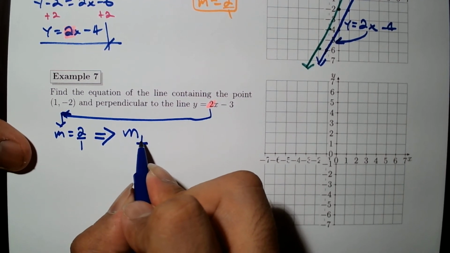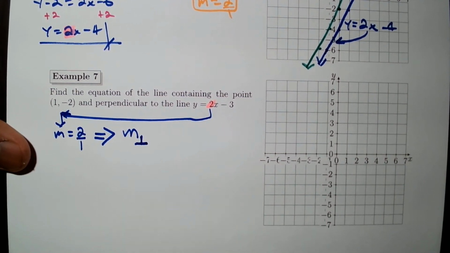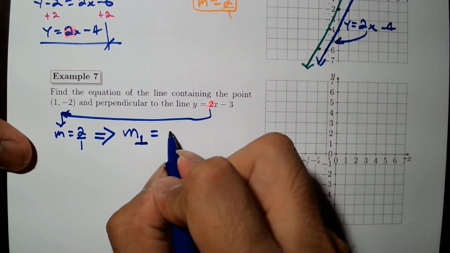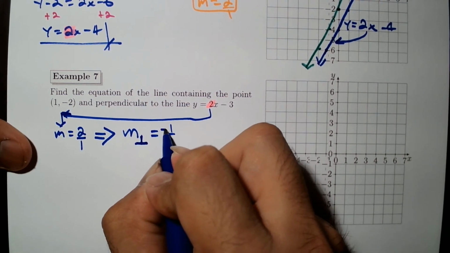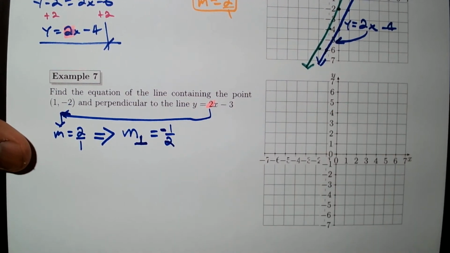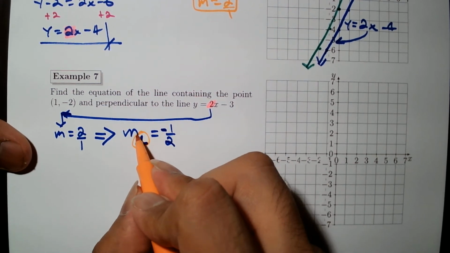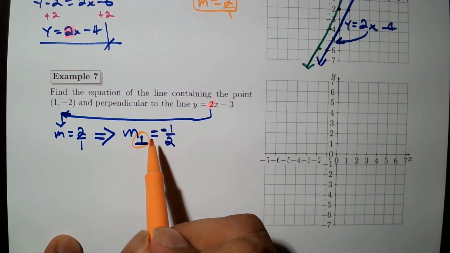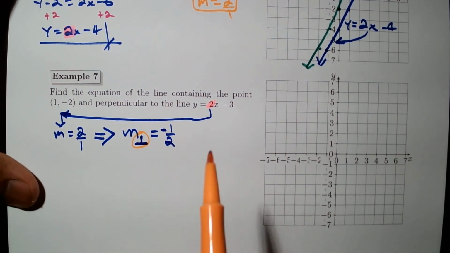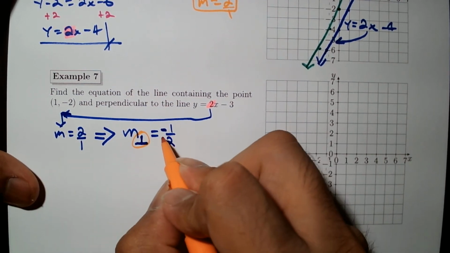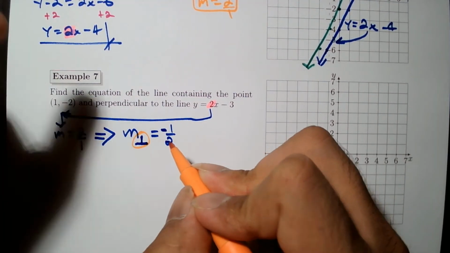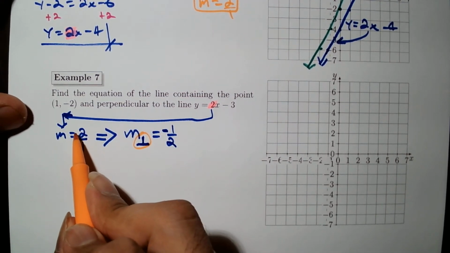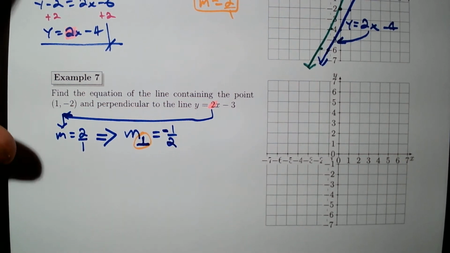This fancy symbol that looks like an upside down uppercase T means perp, to denote that this is the slope of the perpendicular line. So what do we do with it? Change the sign and find the reciprocal. The reciprocal of 2 over 1 is 1/2, and the sign, which is positive, we change to negative.